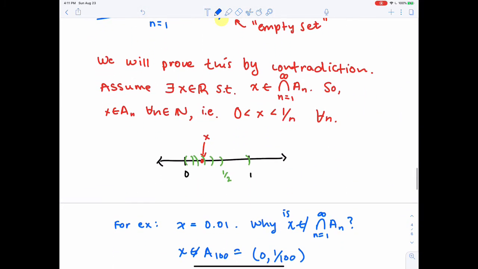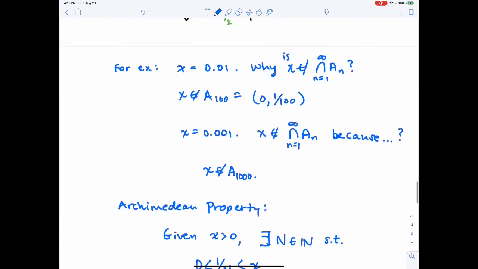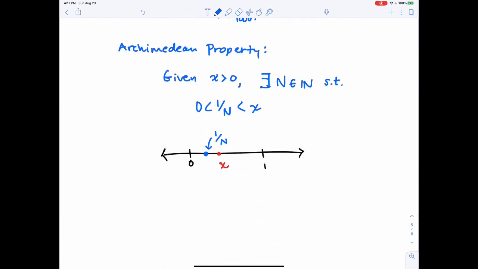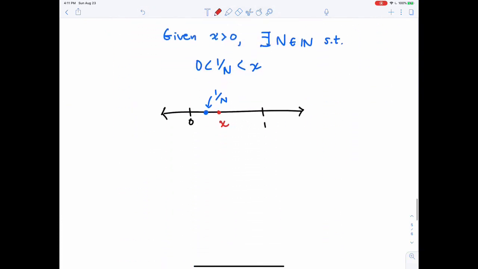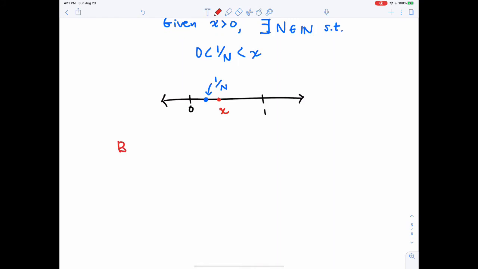we assumed that x was in every set, and now we're going to cite the Archimedean property. So by the Archimedean property, there exists an n in the natural numbers such that 0 is less than 1 over n, which is less than x.